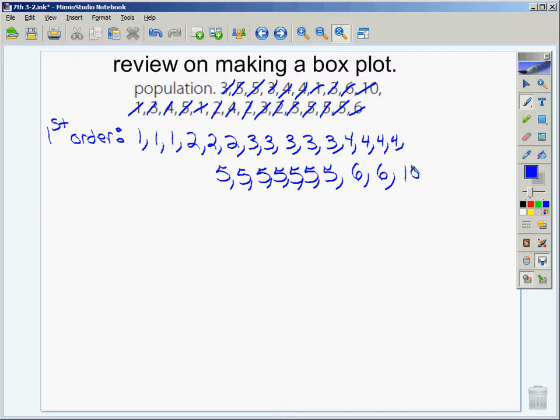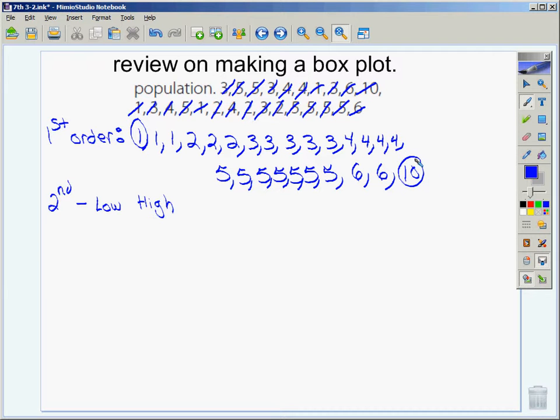There are 2 of the 5 pieces of data that you're going to need that you can already tell me: 1 and 10. The second thing you're going to do is list the low and the high, and I'm just going to circle those.